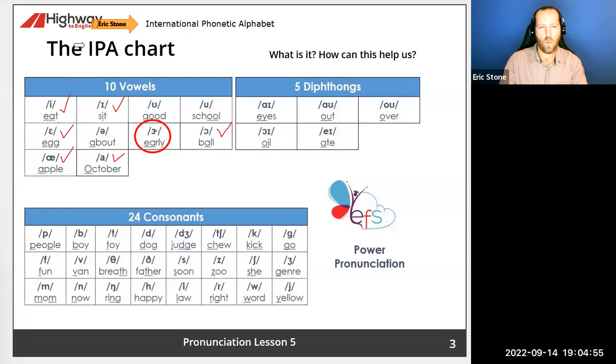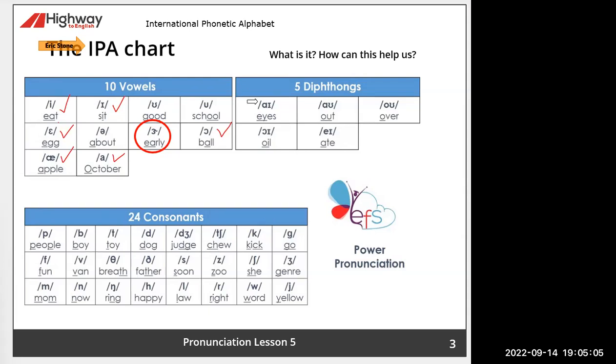And what is the IPA, Zohur? What is it? What are we looking at here, Zohur? You are seeing vowels and consonants and how to pronounce them.